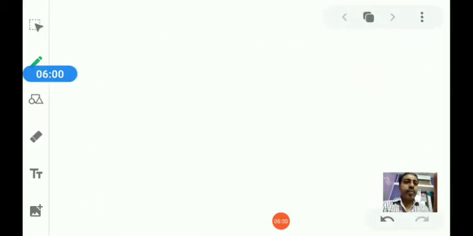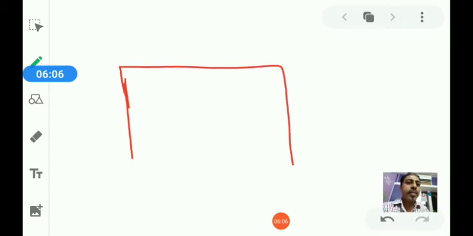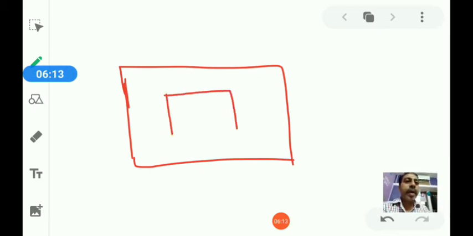Suppose this is our flask and this is our pattern, and this is a projection.